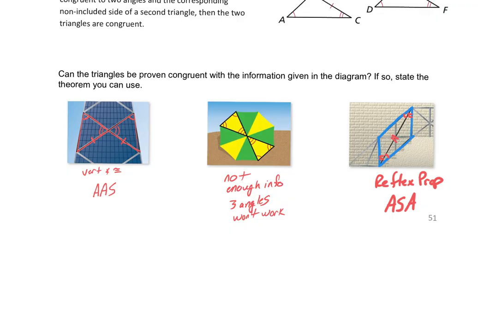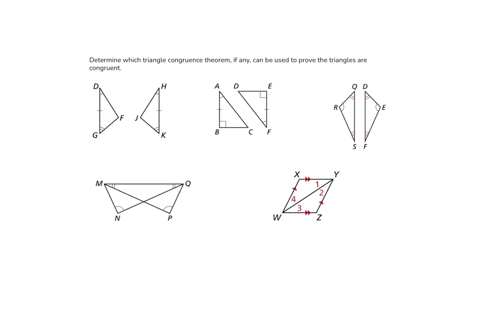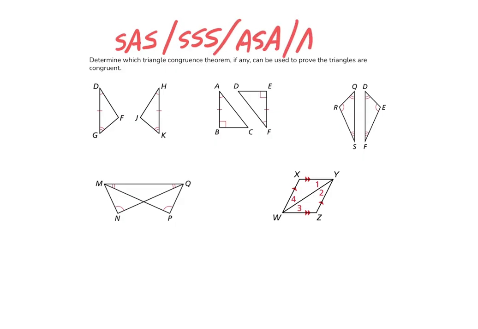Here's what I want you to do. On the next page, you have 5 different pairs of triangles. I want you to tell me, are these triangles congruent? And you might just go ahead and put all of these at the top. From here on out, these are the 5 ways that we're going to be able to prove triangles congruent.